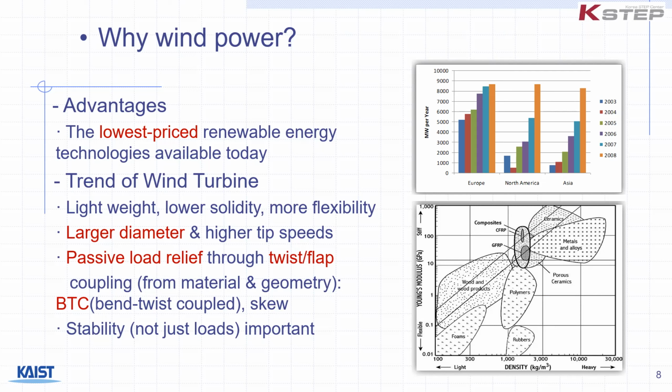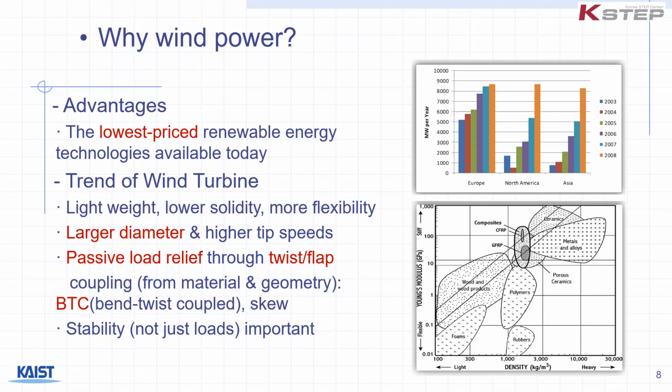Wind power is economical. Price is low. For today's technology level. In the future, probably solar energy, solar electricity can be better, but depending on technology development. But currently, wind power is the cheapest or most economical.